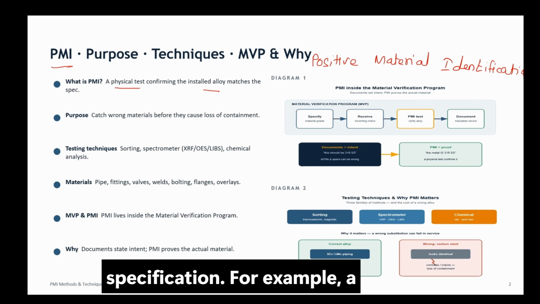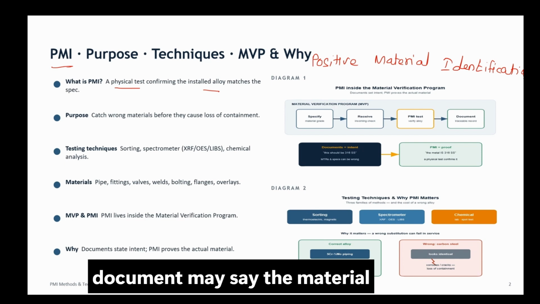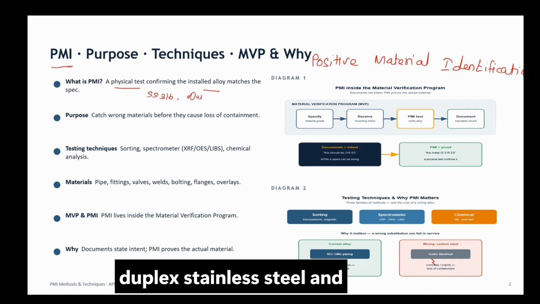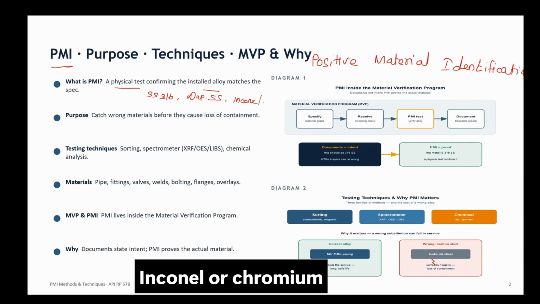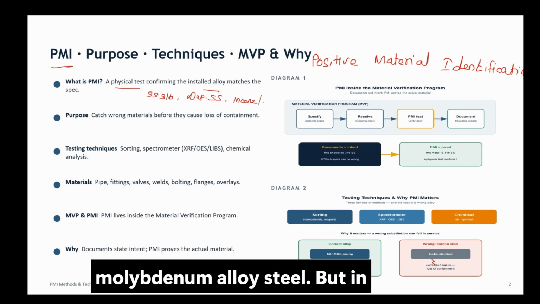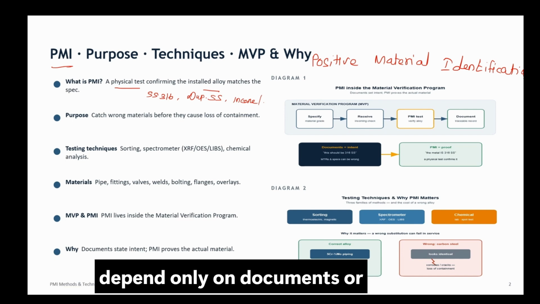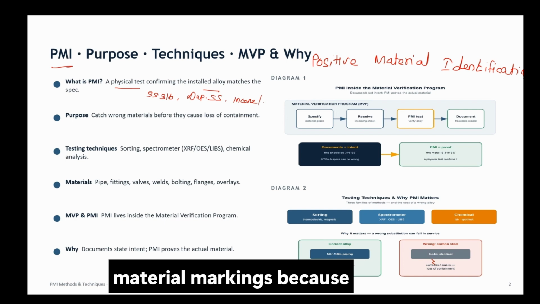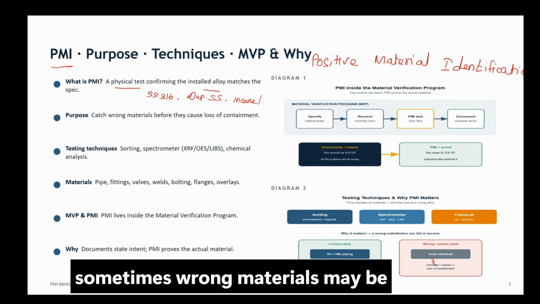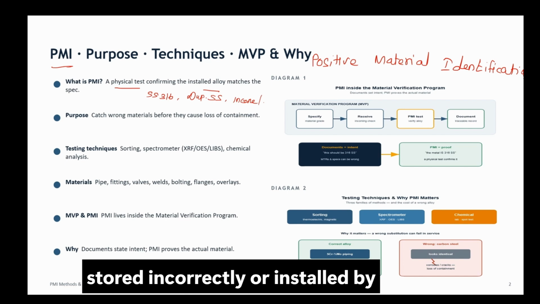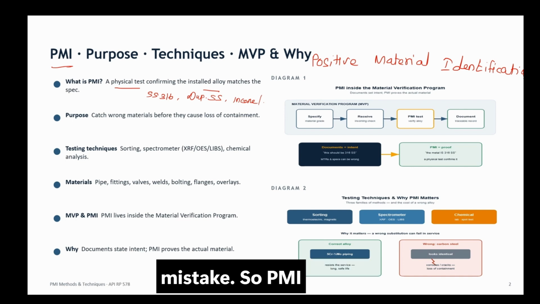For example, a document may say the material is SS316, duplex stainless steel, Inconel, or chromium-molybdenum alloy steel. But in practical field conditions, we should not depend only on documents or material markings, because sometimes wrong materials may be supplied, mixed, stored incorrectly, or installed by mistake.